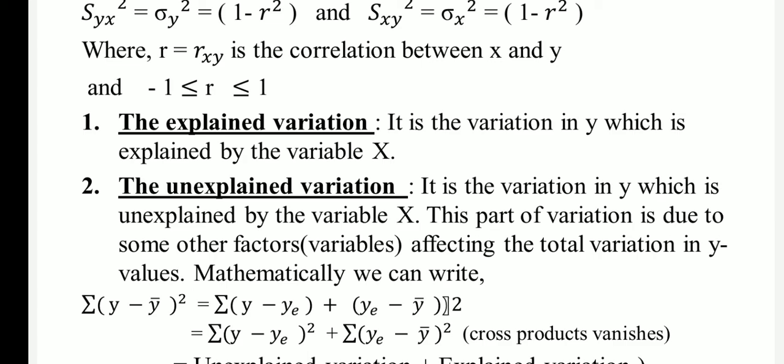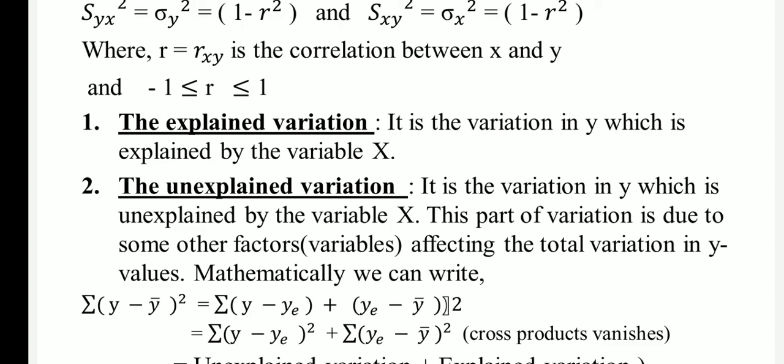Here, with explained variation, don't confuse variation with variance. Variation is the sum of squares of deviations of the values of a variable from its mean.